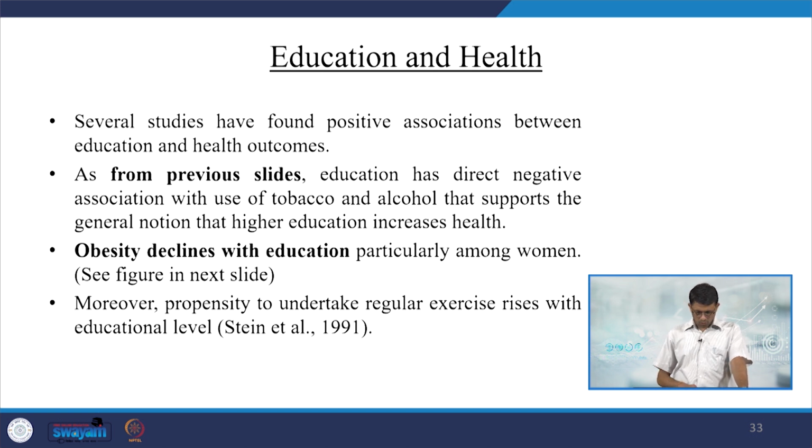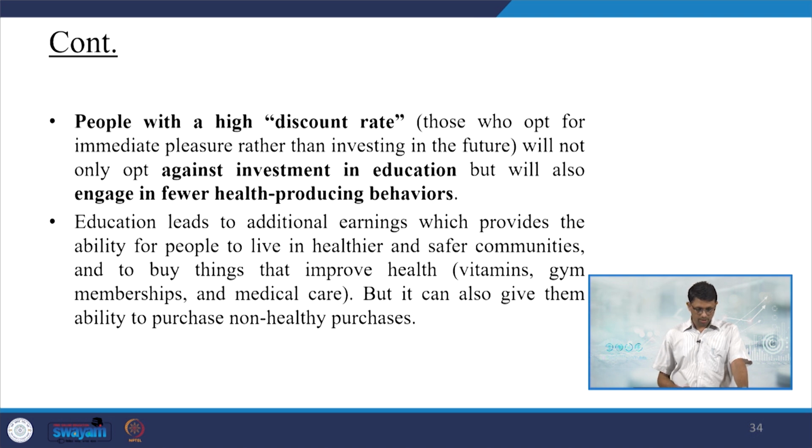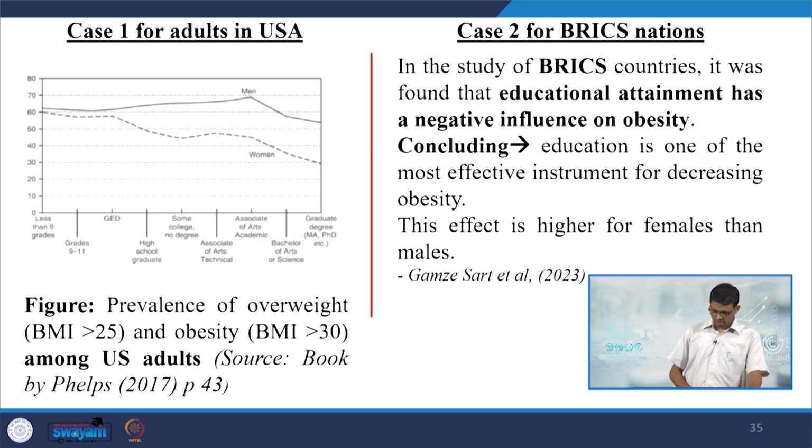The propensity to undertake regular exercise rises with education level, as derived by some authors. People with a high discount rate, those who opt for immediate pleasure rather than investing in the future, will not only opt against investment in education but will also engage in fewer health-producing behaviors. I think I should not mention all details for you.